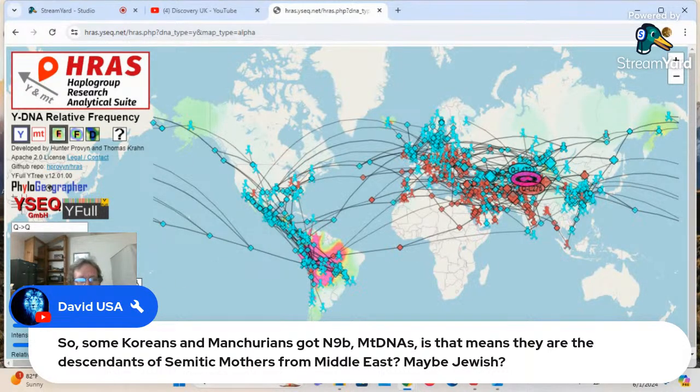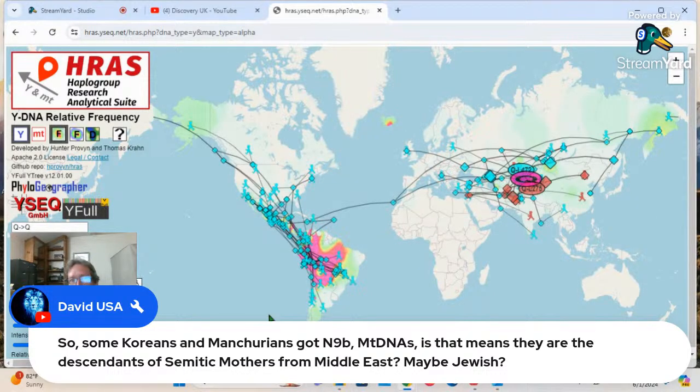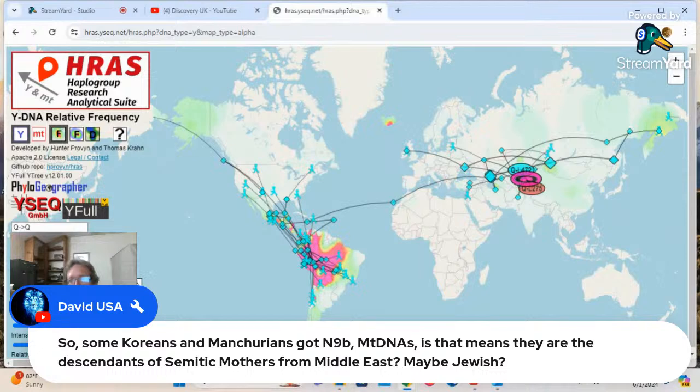So watch closely up in the right-hand corner. Right here, you have a crossing from Alaska to Asia before there's a crossing from Asia to Alaska.